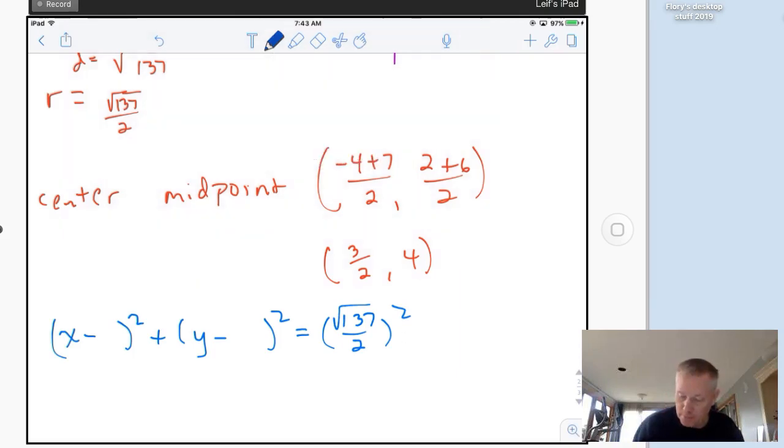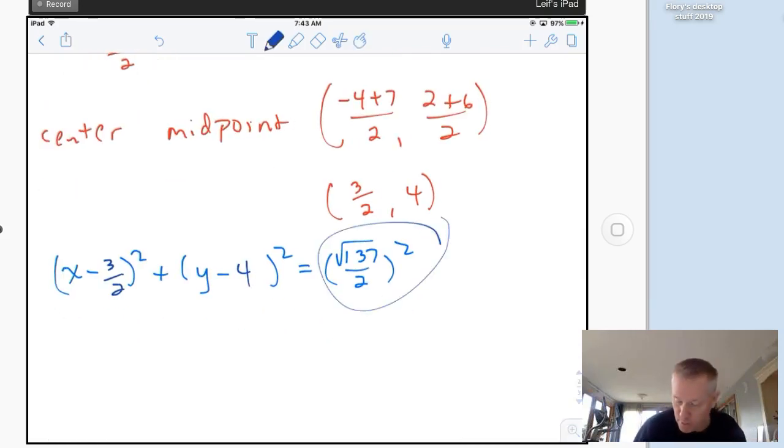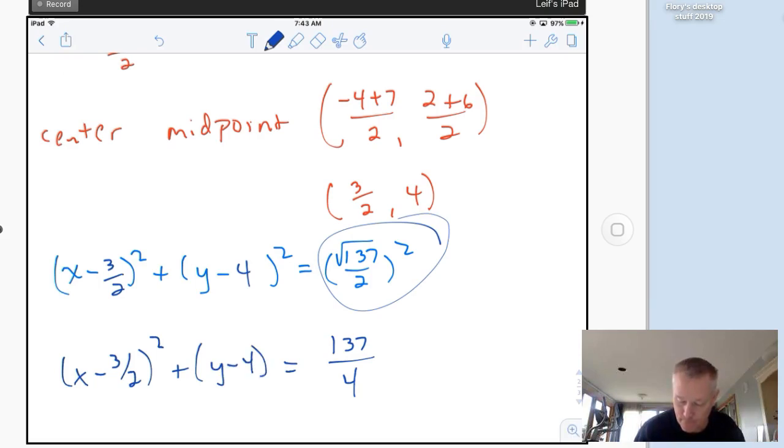Midpoint x coordinate is 3/2, I'm just going to leave it just like that, and y coordinate's 4. Okay. The only thing I'm going to do is square the radius out. I'll square the numerator. Square root of 137 times the square root of 137 is 137, and 2 squared is 4. So that's the only change I'm going to make to this, and that would be the answer.